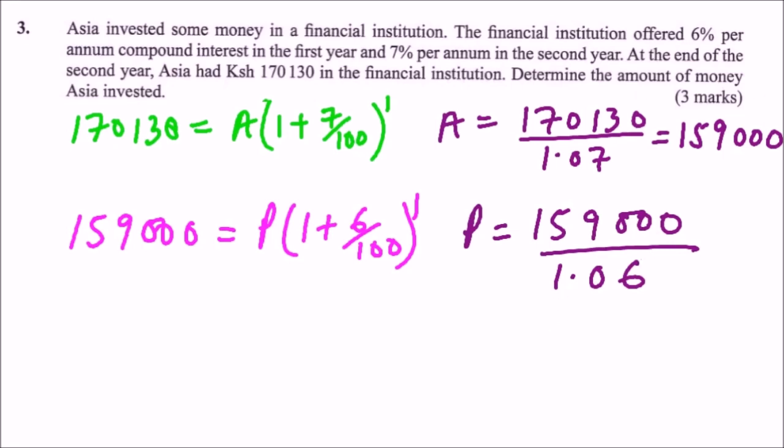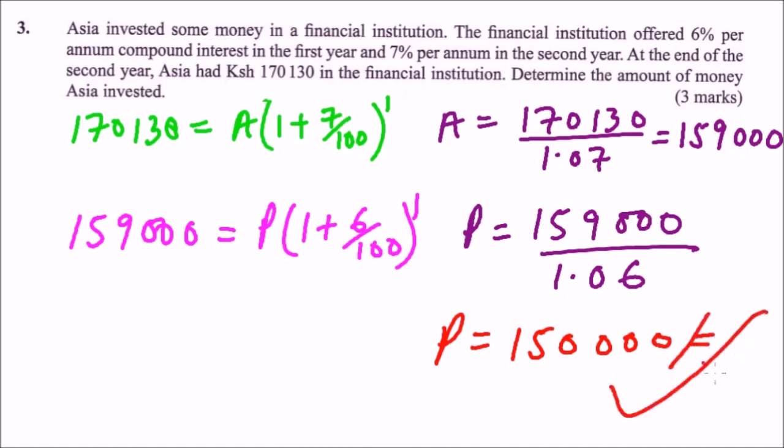When you divide that, you get our P is equal to 150,000. So that is the amount he had invested in the bank or the institution for him to get 170,130. That is how you work it out. You earn yourself 3 marks.